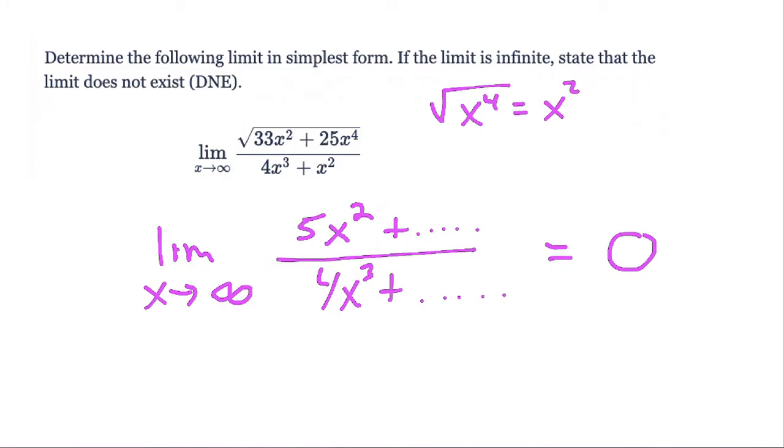The denominator is growing faster than the numerator. When the denominator is growing faster than the numerator, then we end up getting 0 for a limit. I know there's a lot of goofy algebra. You'd never do this algebra with anything other than when you're talking about a limit as x goes towards infinity. It's the only time you can do this.